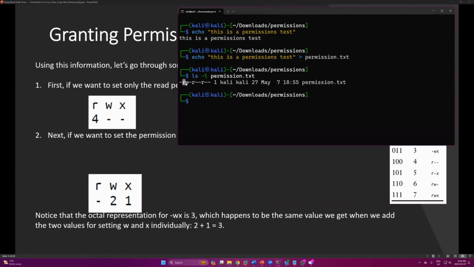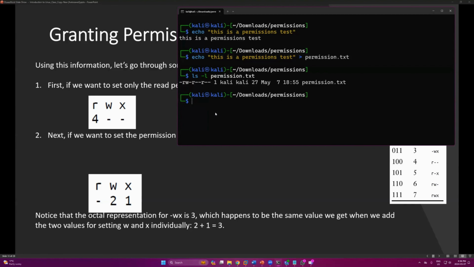We know we have read, write, and nothing, read, write, and nothing, and read, write, and nothing, right? We know that the owner is called Callie, the group is called Callie, the size is 27. The last time it was modified was just a minute ago, and then it's called permissions.txt, right?